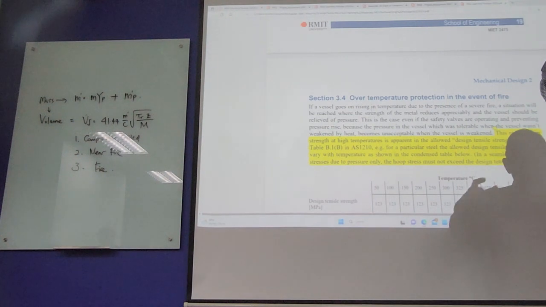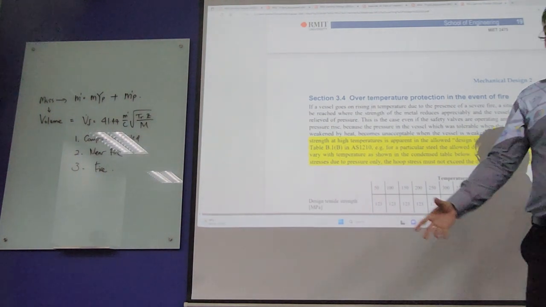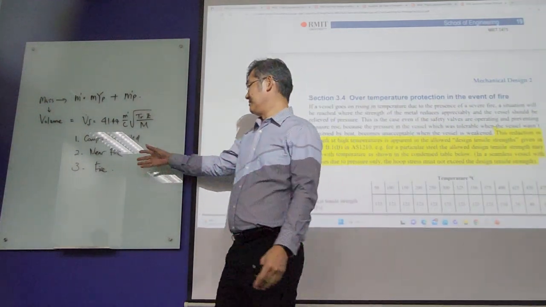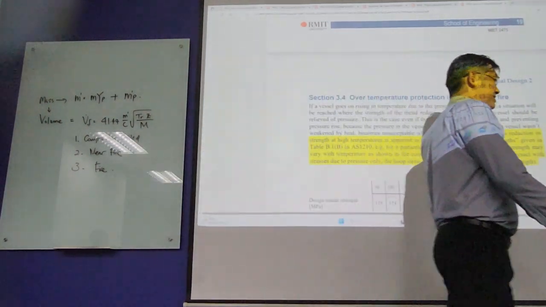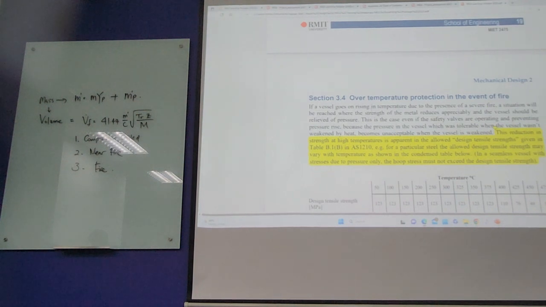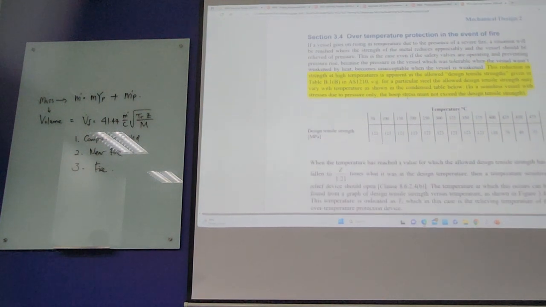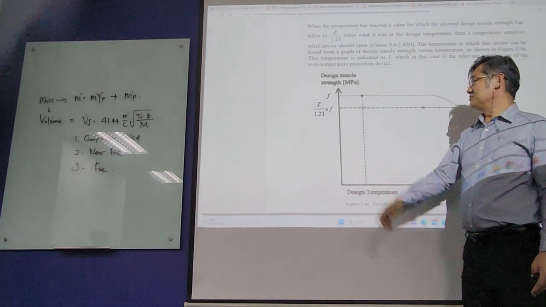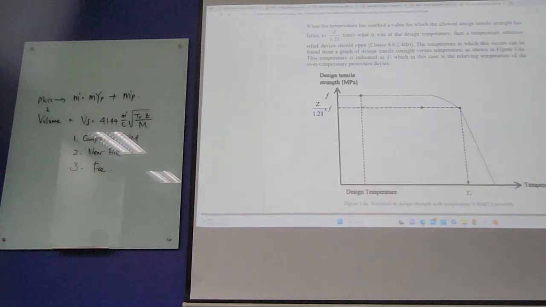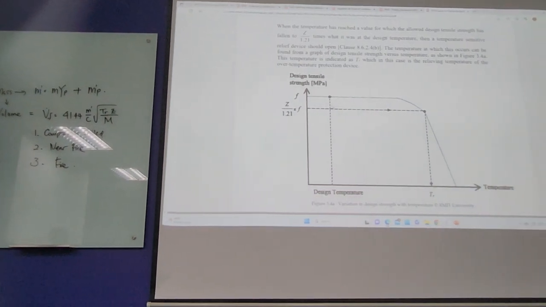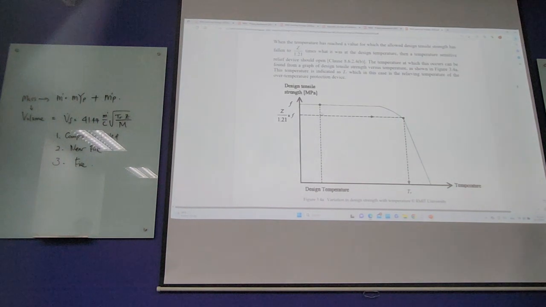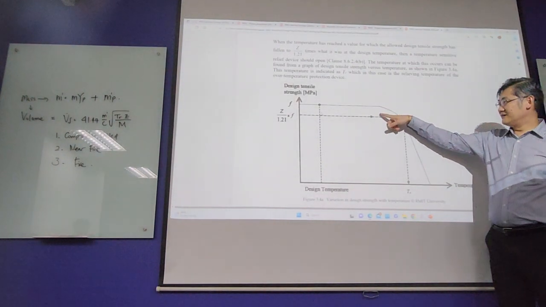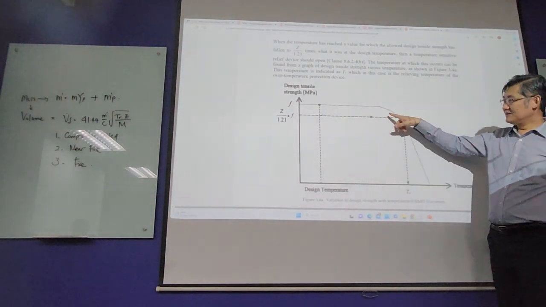Your receiver is made of steel, and it is subject to fire, so you have to check the strength of the material used to make your air receiver. So we have to look into the design tensile strength of the steel in order to plot a chart here. Later on you will see.